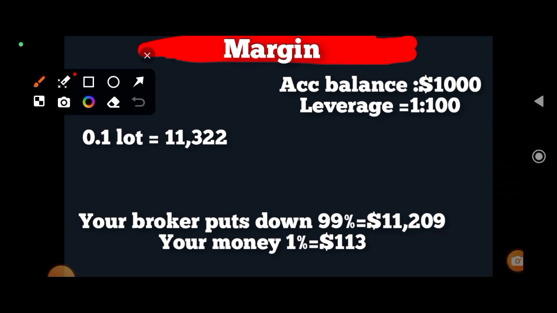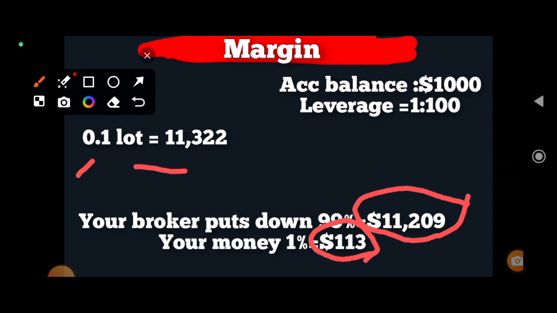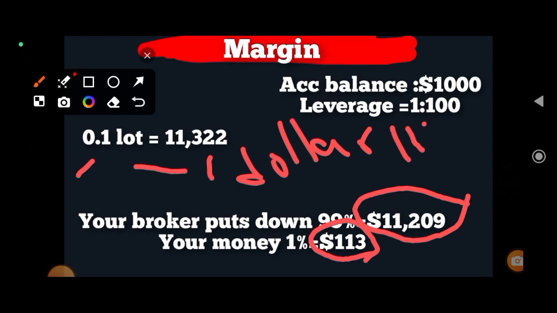And mind you guys, whenever you place a trade, for example a 0.1 lot trade, don't think they're going to lose any money. Remember I said 0.1 lot size moves $1 per pip, right? So if your prediction wasn't right and you're down 113 pips, that means you've lost these $113.